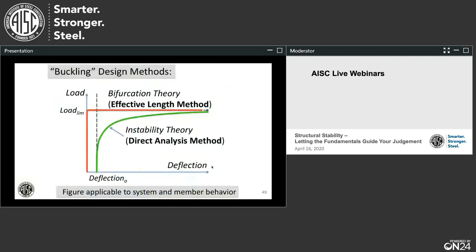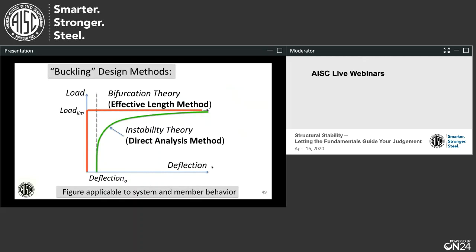This is the money slide right here, and the important thing, for me anyway, in trying to explain when the direct analysis method first came out, and listening to the profession, I'd say, oh, that's what they're missing. Their whole thinking, their whole education was all based on bifurcation theory, something suddenly buckling. And that lent itself perfectly to the effective length method.